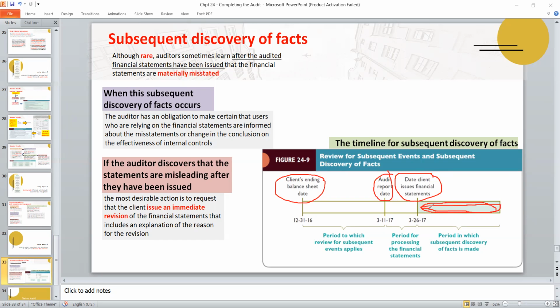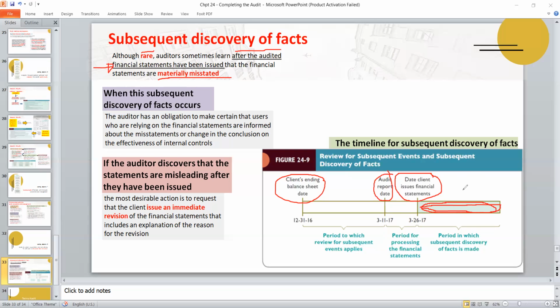As you can see in the beginning of the slide, events after the auditor issued the audit report are not the auditor's responsibility. But although it's rare, auditors sometimes learn that after the audited financial statements have been issued, the financial statements are materially misstated.